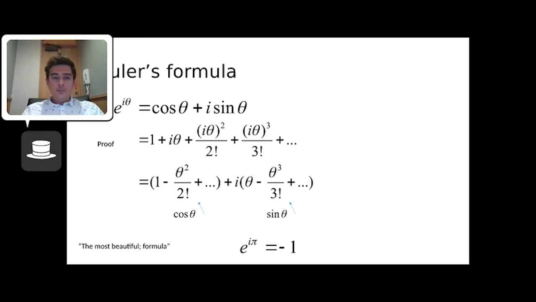There's a relation where e to the i theta is equal to the cosine of this angle plus i times the sine of the angle. So we can decompose this exponential, e to the i theta, into the sum of these two parts.